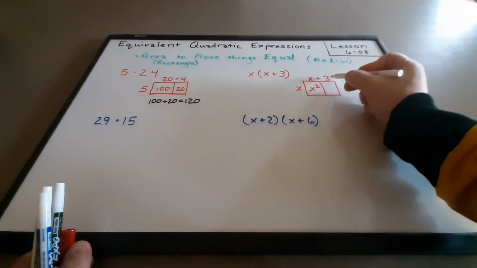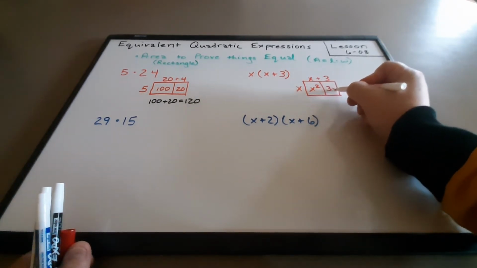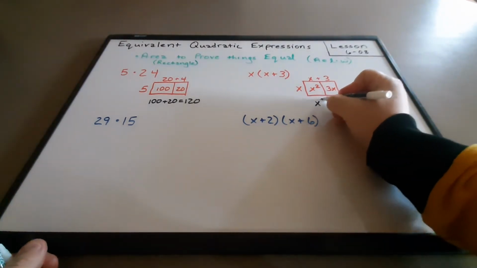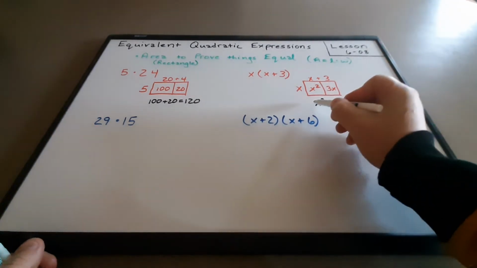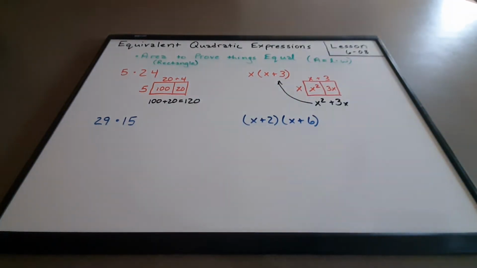We take x times 3 because this side is x. That's going to give us 3x. Then we write this in standard form using addition, and we'll get x squared plus 3x. So we know that x squared plus 3x is the same as x times x plus 3.